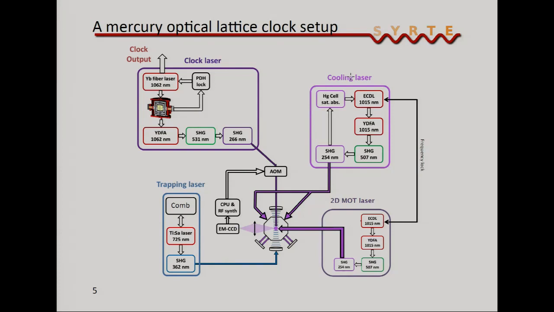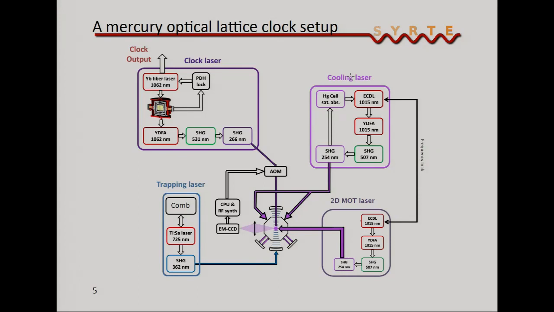Here is a scheme of our clock. In the center there is the science chamber, in which the mercury atoms are probed, cooled, and trapped. First, we cool them thanks to an ytterbium fiber laser that is doubled twice to produce the 254 nanometer beam. Then we can trap the atoms in the trapping laser, which is the lattice laser.